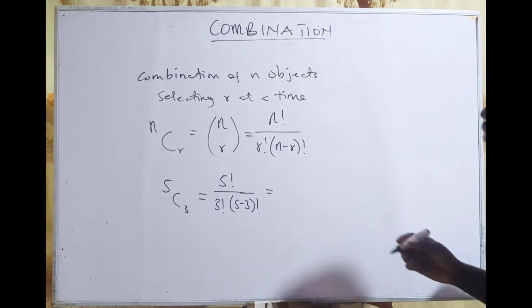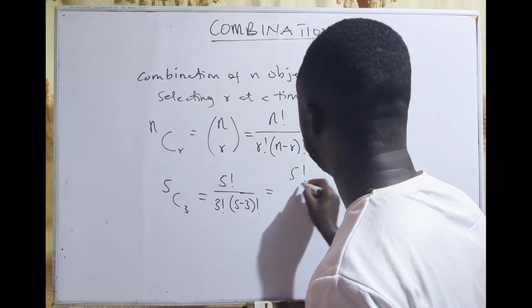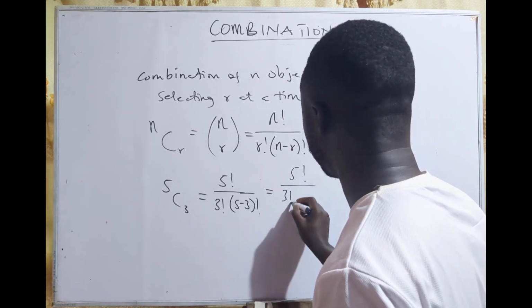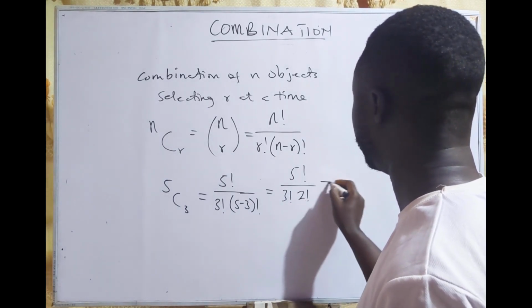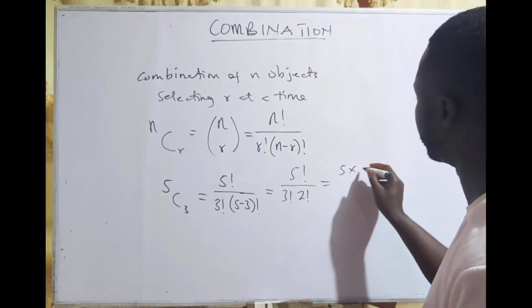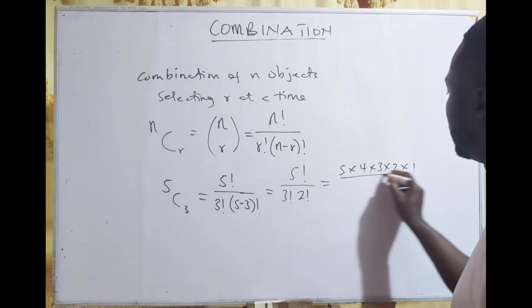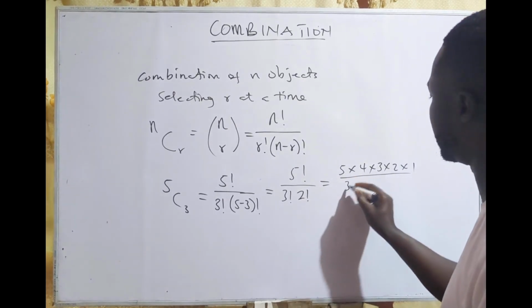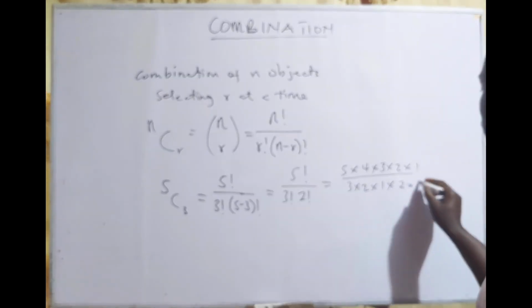So this will be 5 factorial all divided by 3 factorial, 5 minus 3 will give me 2 factorial, and we know 5 factorial is 5 times 4 times 3 times 2 times 1, all divided by 3 factorial, which is 3 times 2 times 1, and then 2 factorial is 2 times 1.